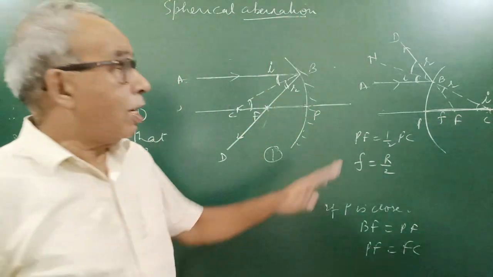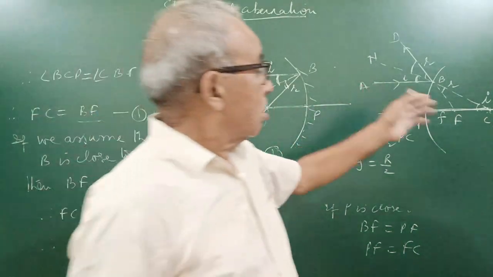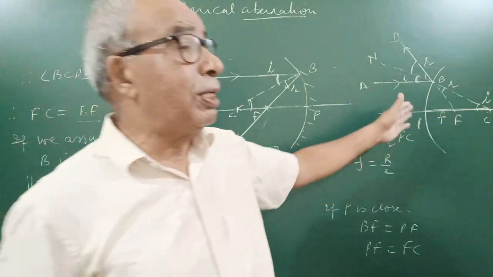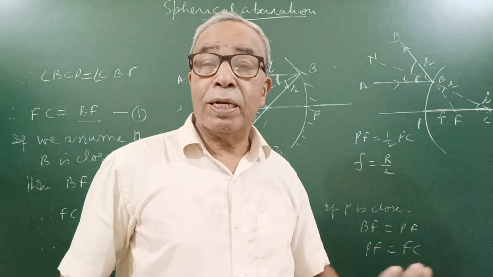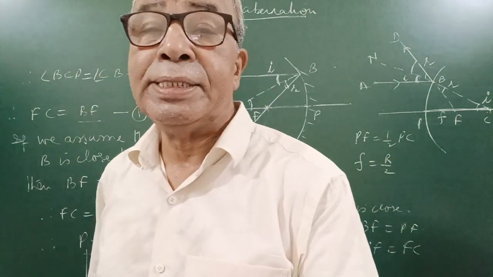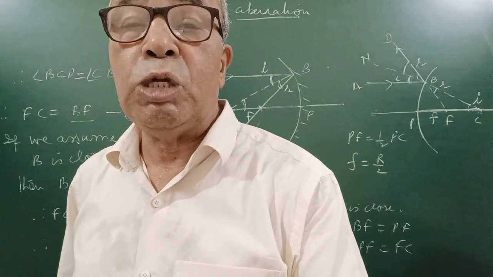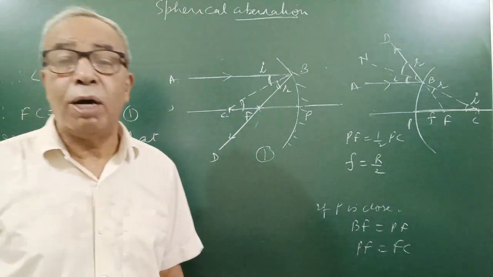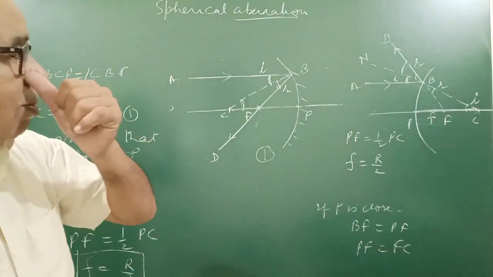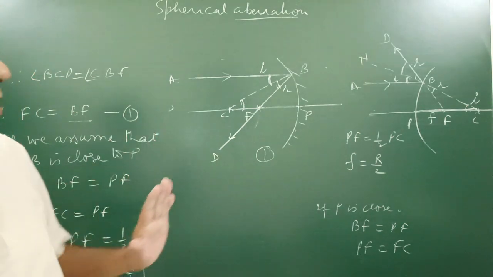Once this question was asked in the board exam, using a convex mirror, and it created a lot of trouble for students. Prove that F is equal to R by 2 using a convex mirror. So this is a simple method, an important thing.